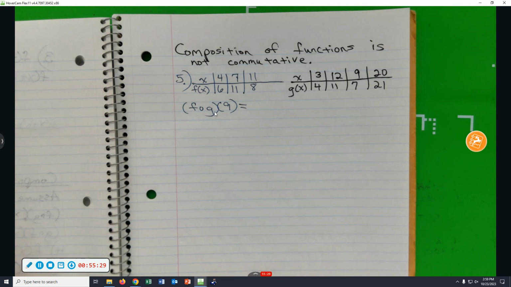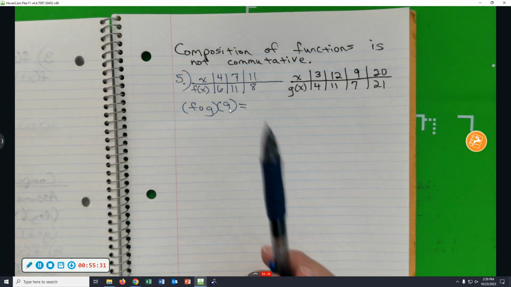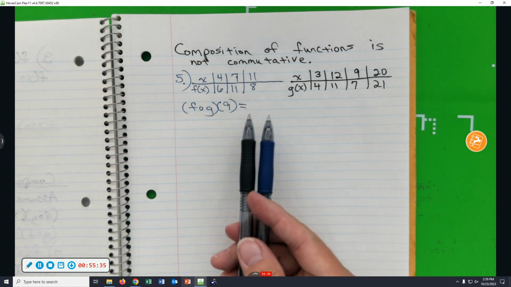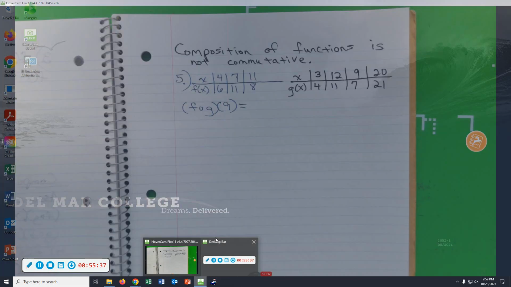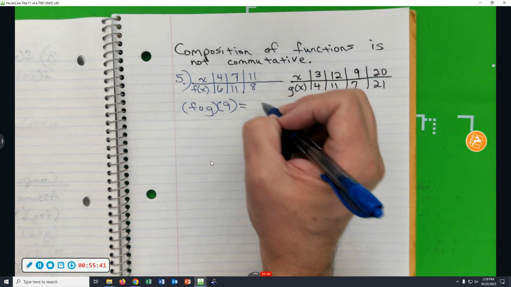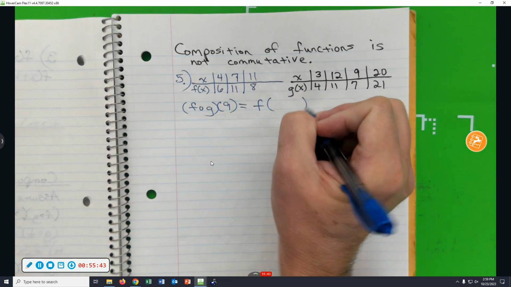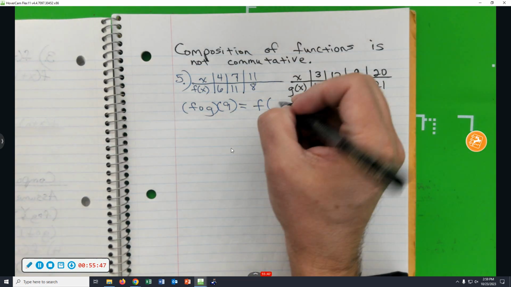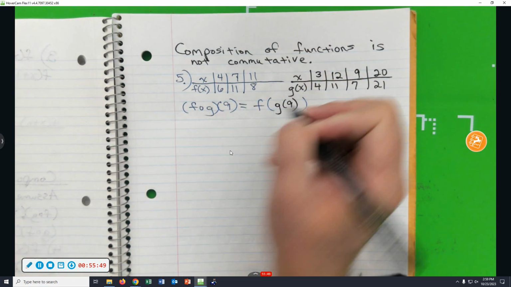I'm going to write it without the circle. F first. It's not tricky. It's the first one written. And then G of 9, that's the inside function.